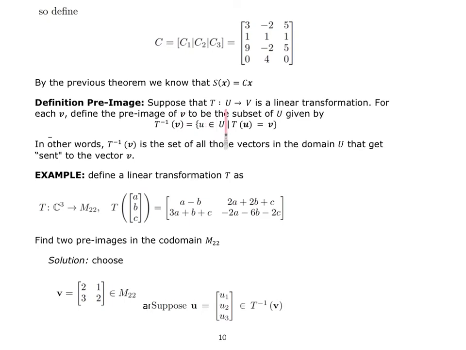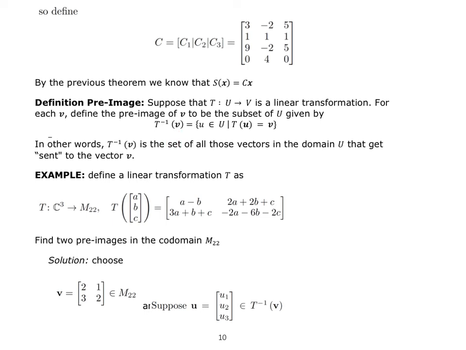So suppose that T is the linear transformation of U onto V. And for each V, there is a pre-image of V. So in other words, for every V that I've got, every vector in this vector space V, I have a vector that started out in my domain and was mapped to this V vector, and we call this the pre-image.